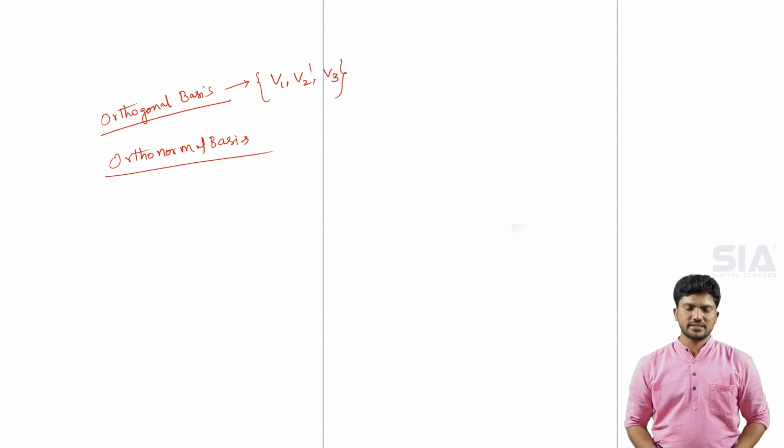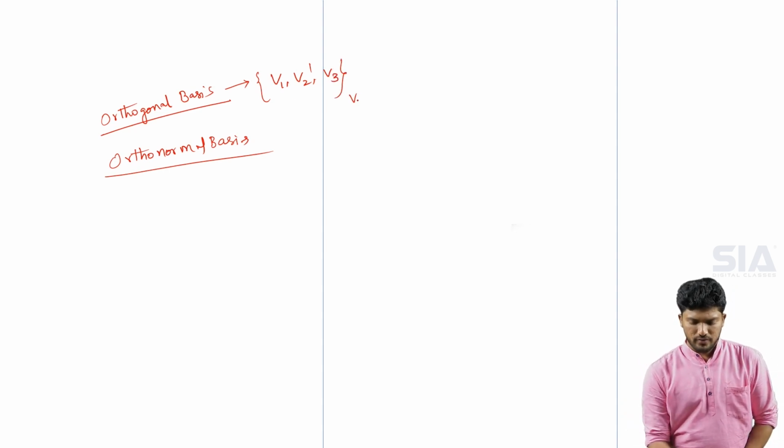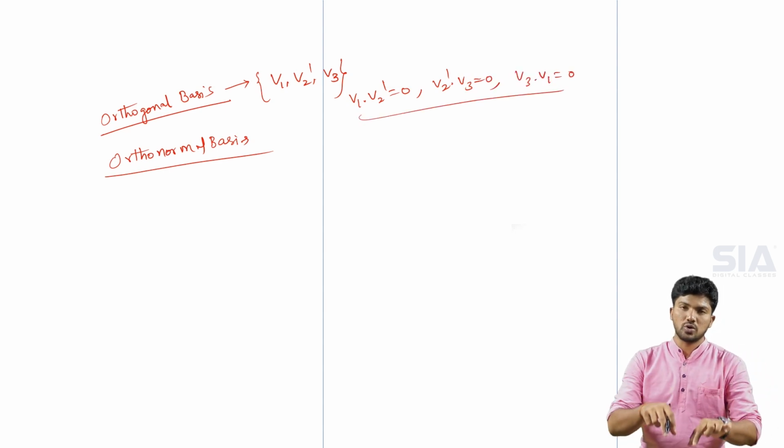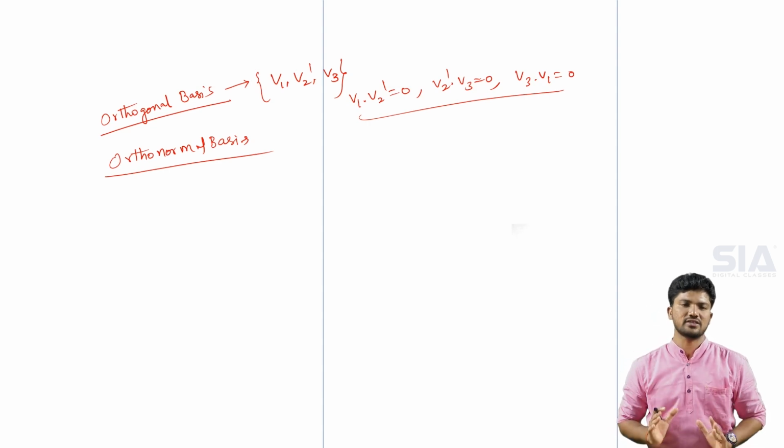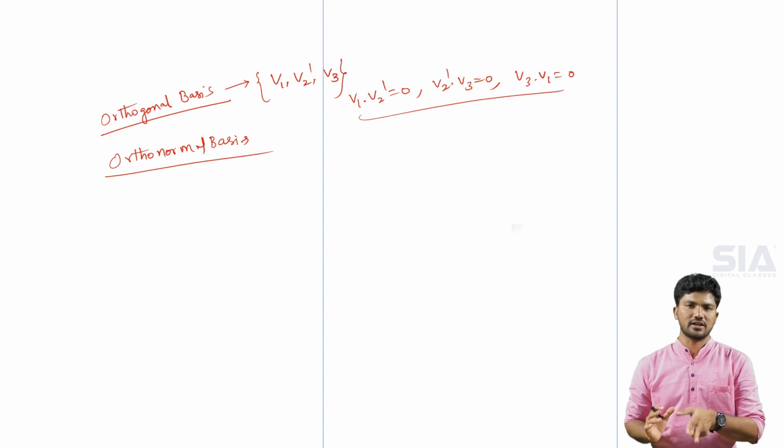For this basis we know v1 dot v2 dash is equal to 0, v2 dash dot v3 is equal to 0, and v3 dot v1 is equal to 0. This gives the orthogonal condition. Then those three vectors are orthogonal vectors and that set is an orthogonal set and orthogonal basis.